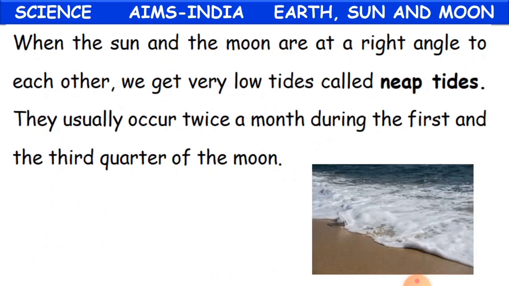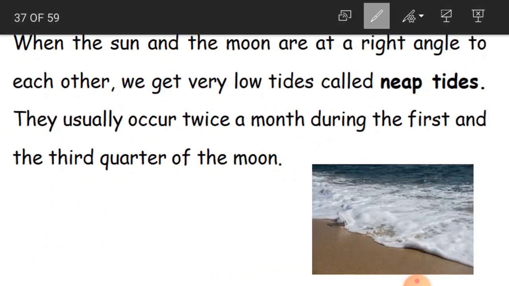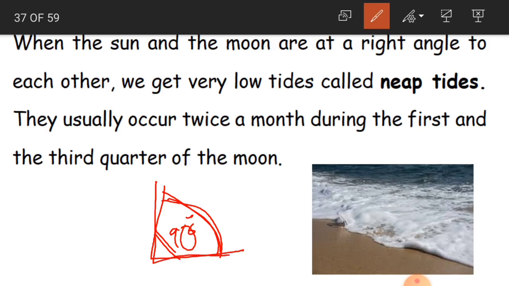Now, when the sun and the moon are at a right angle to each other, right angle means 90 degrees, suppose this is the sun, this is the moon, to each other, we get very low tides which we call neap tides, as it is there in the picture here. So when the sun and moon are at right angle, then we get very low tides.